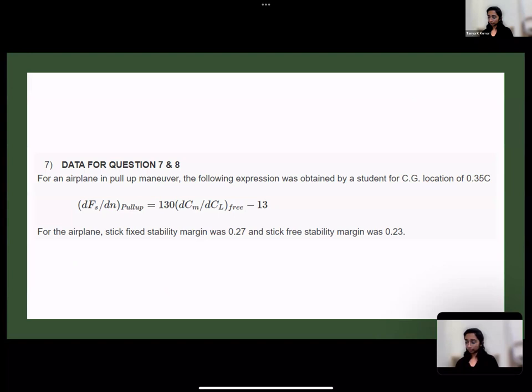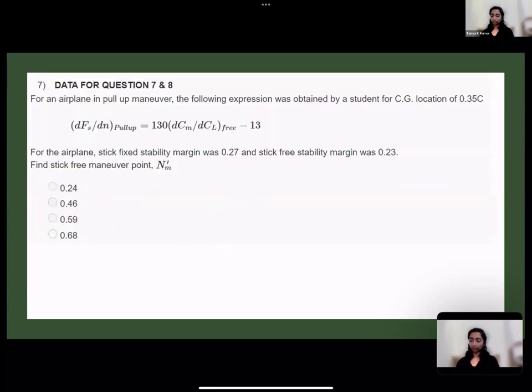You can see here that the stick fixed stability margin is greater than the stick free. It means the stick fixed is more stable. The more stable the aircraft is, the more the stability margin, and the less easy it is to control. So the first question is find the stick-free maneuver point. How do you do this? Stick fixed or stick-free? How do you do this?